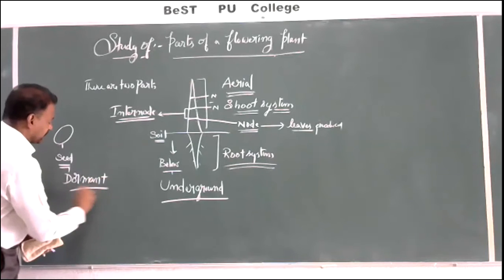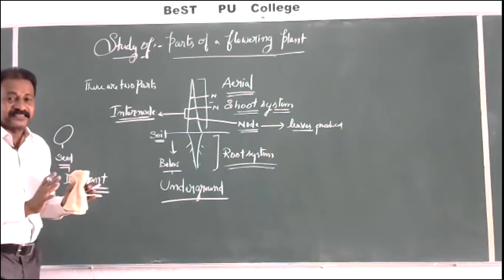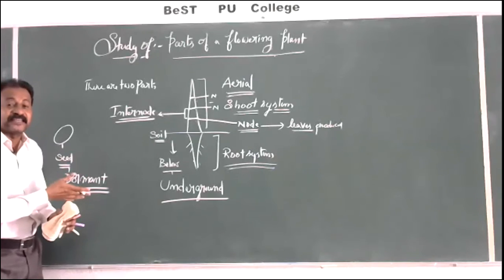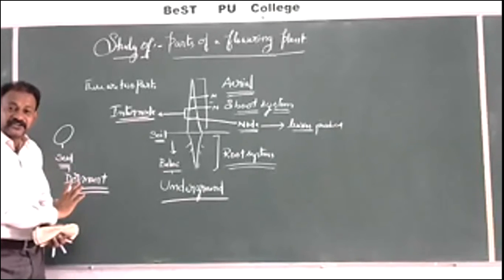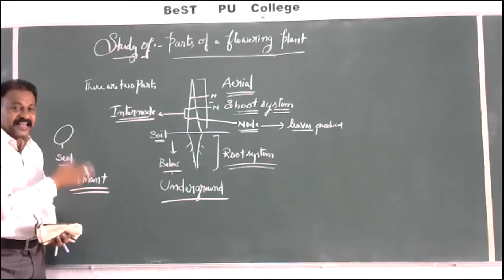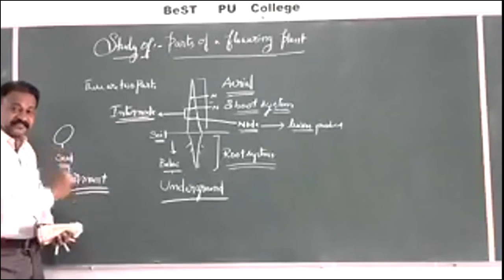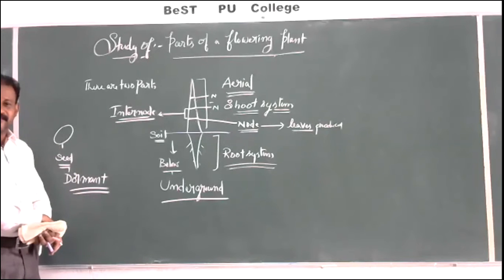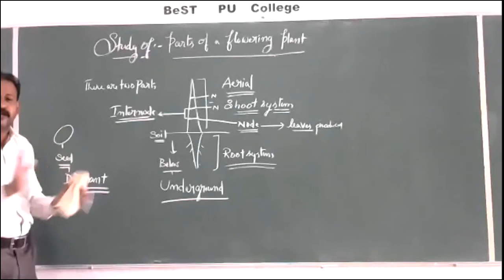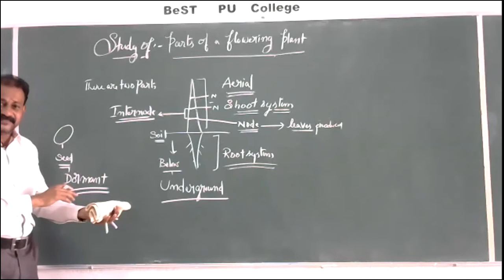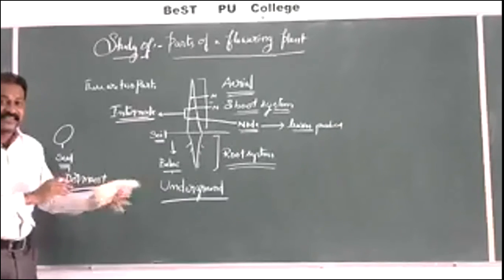Dormant means dormancy, which is a state which cannot be considered as living or dead. Dormant condition means neither is this considered a living one, nor is this considered a dead one. As long as you keep this seed in our house in the gunny bags, it will be like that only, and it is not correct to say it is dead.